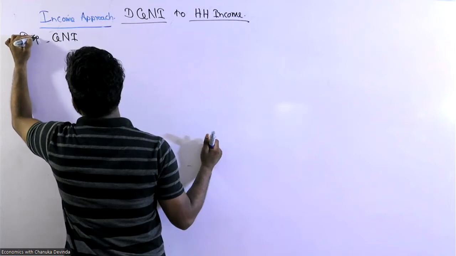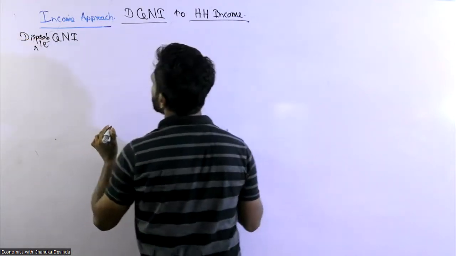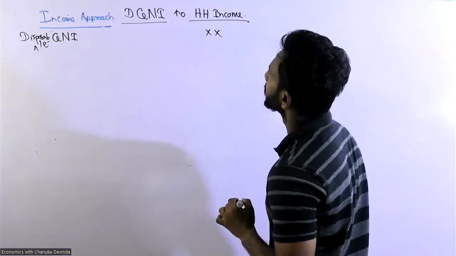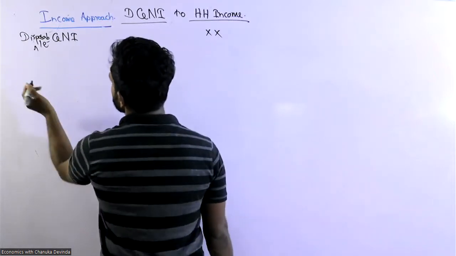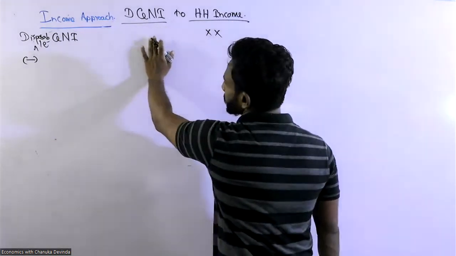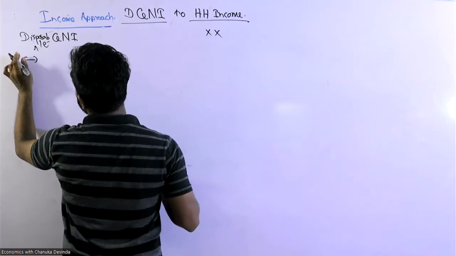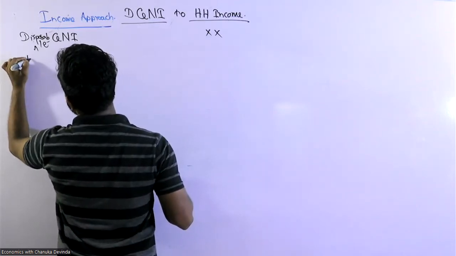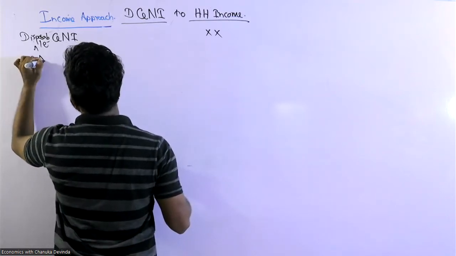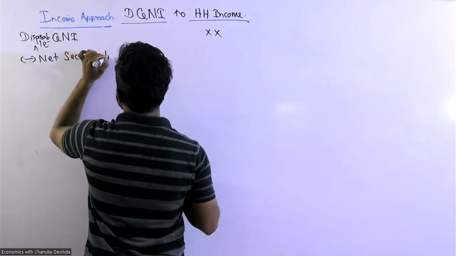Disposable gross national income, let's say, yes, no need to use values. So how to transfer it to gross national income? Just by adding, plus, minus net secondary income.